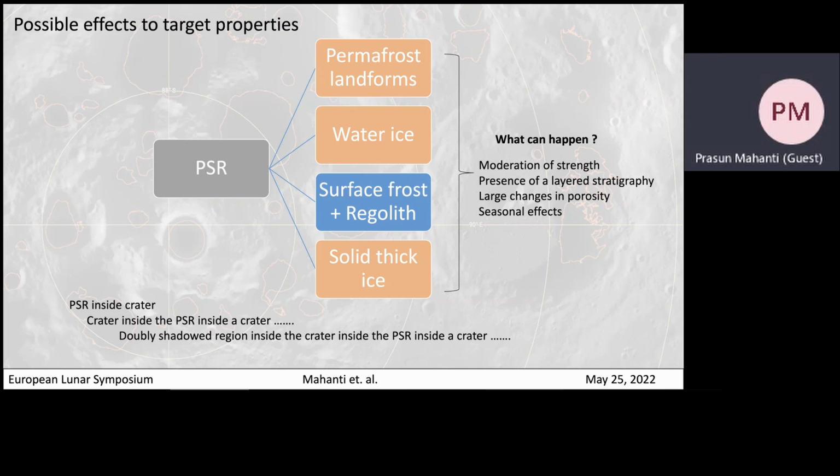As some papers have indicated, we can have, let's say, solid thick ice, if at all. And we can have a thin layer of surface frost merged with the regolith, and then you can have multiple layers, as you have more and more impacts, the frost gets lower and lower in the depths of the stratum.